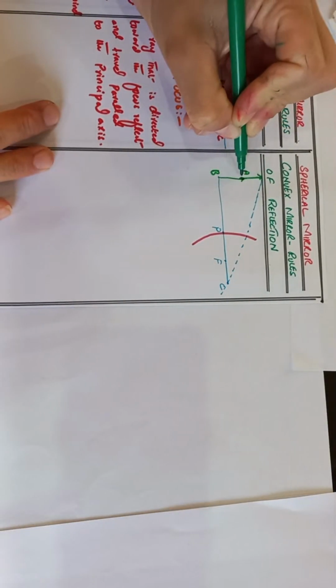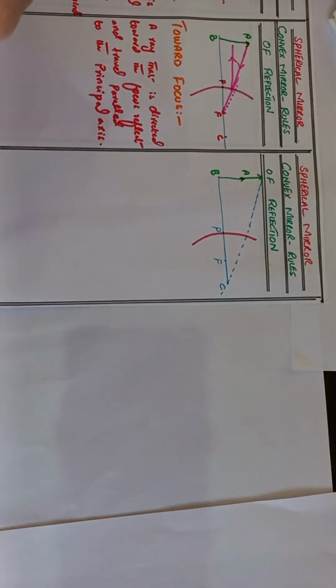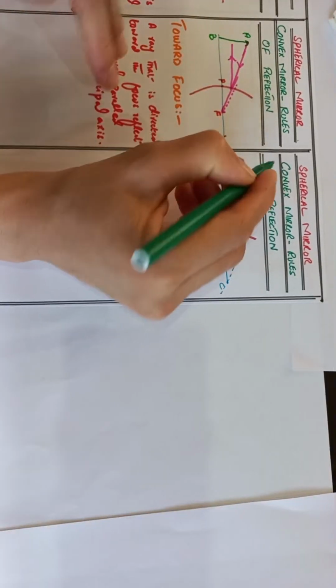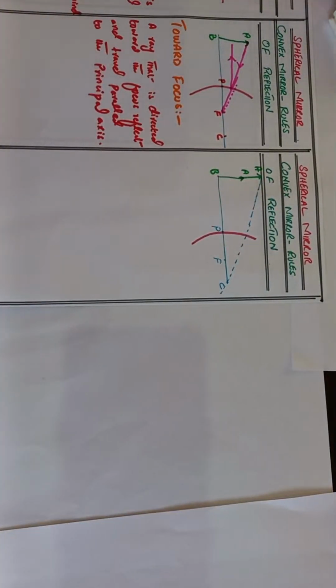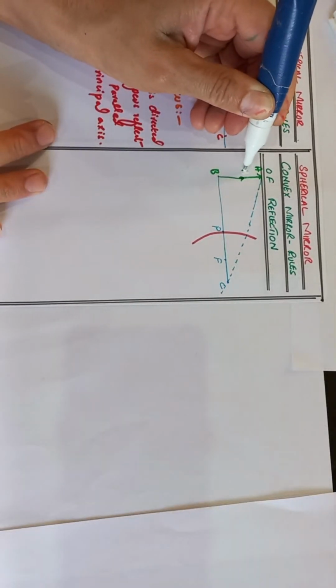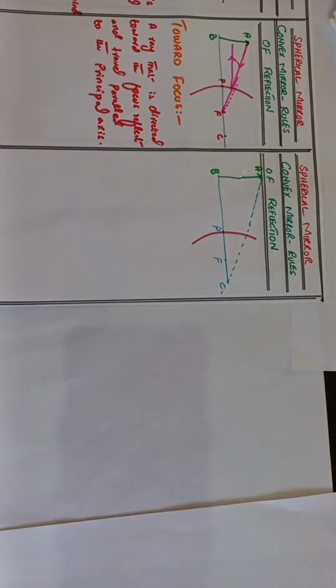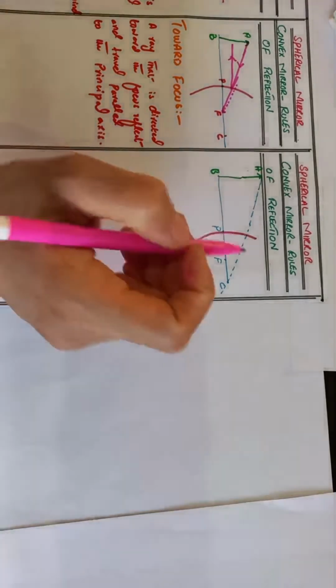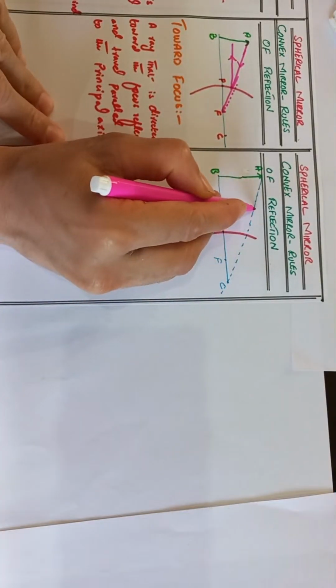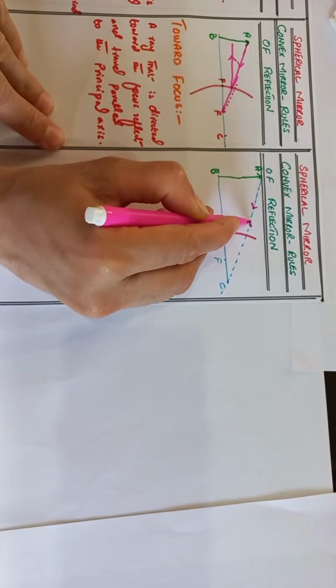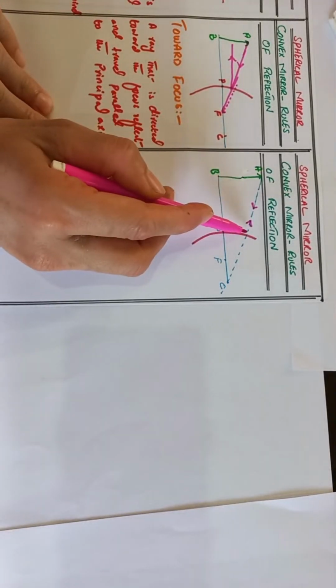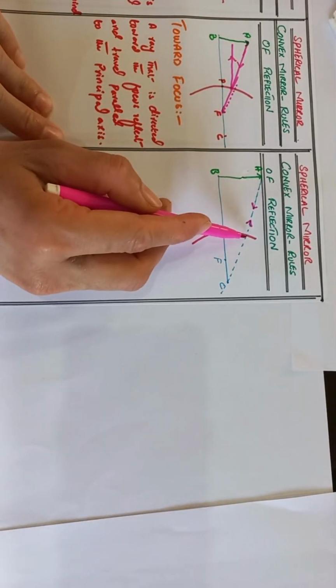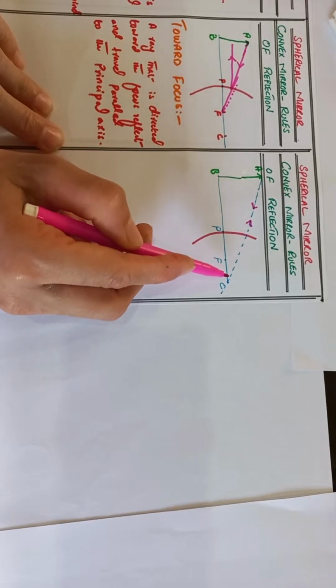Increase the tip of the object, that is A. So here the ray that is directed toward the center of curvature reflects back along the same path when it hits the mirror. If you trace the ray behind the mirror, it comes from the center of the curvature.